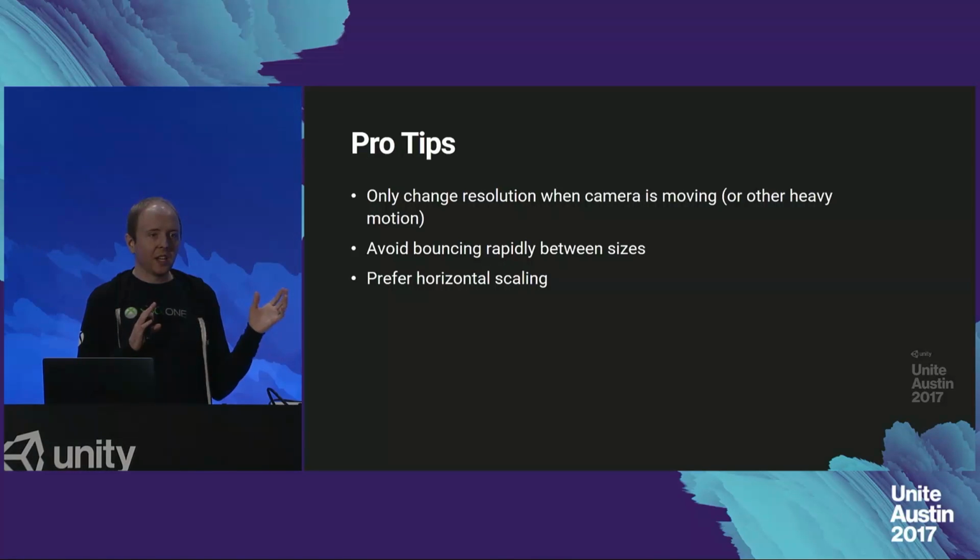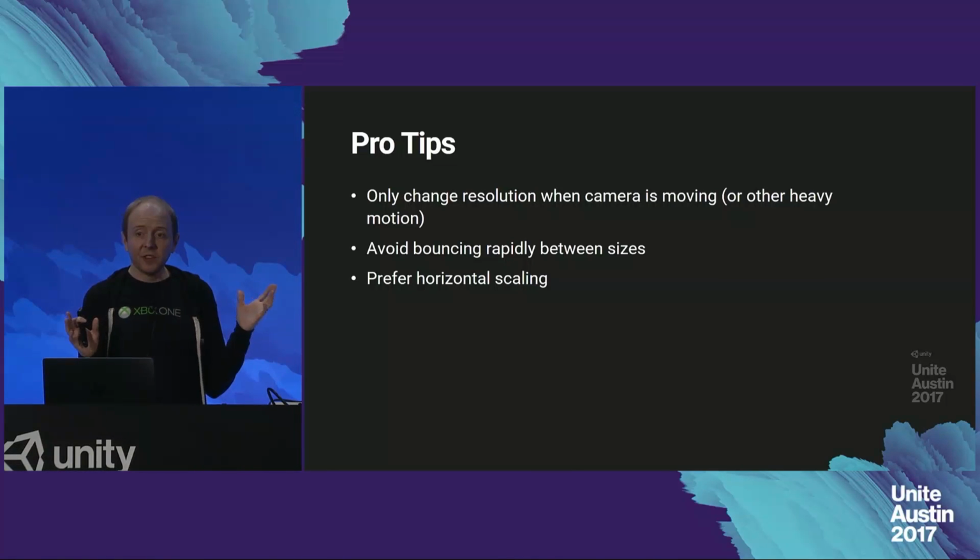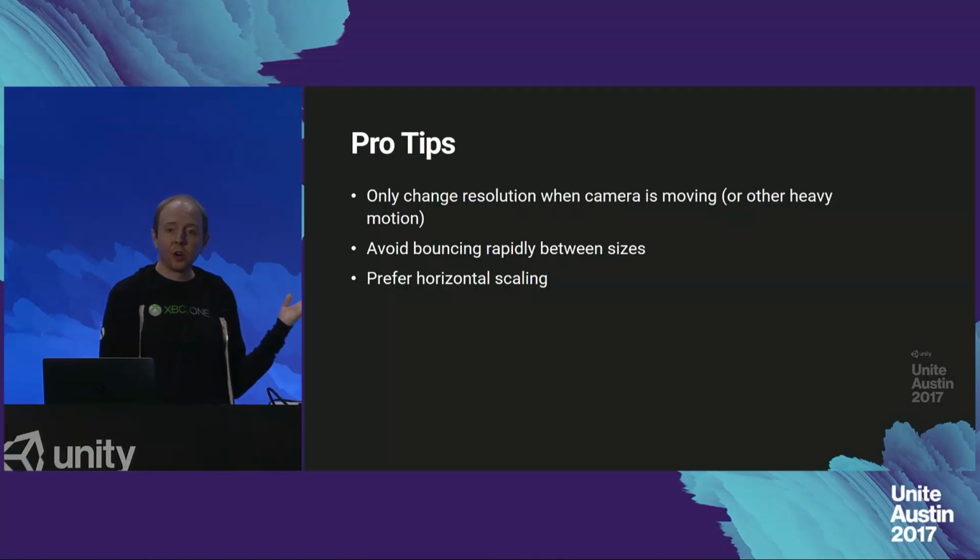Most games tend to have most of their motion in the horizontal direction, whether that's camera rotation or side scrolling or things like that. And that horizontal motion helps to hide horizontal resolution changes better. If your game is different, if you have a lot of vertical scrolling, for example, then you might want to do something different there. And that's something you can always experiment with. And yeah, done well, a lot of this can make it hard for players to even notice that the resolution is changing.